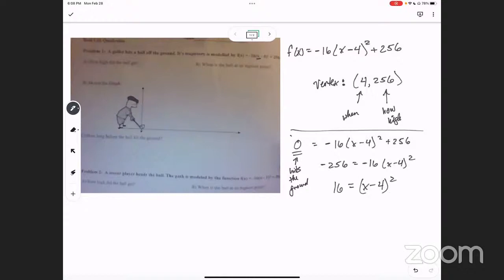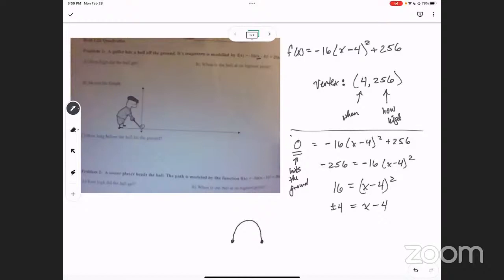Now take the square root of both sides to get rid of that, right? So what's the square root of 16? It's plus or minus 4. The square root of 16 is 4. But remember, there's two. One's a positive 4 and one's a negative 4. Because remember, there's going to be two places that it hits the ground because it's a parabola.